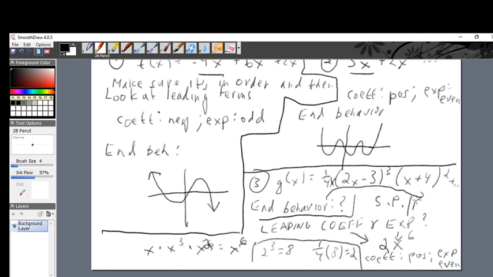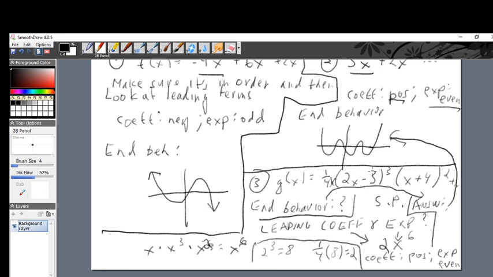Here's the answer. It looks exactly like this case over here. As the coefficient is positive and the exponent is even, we get something that looks like this. That's the end behavior.